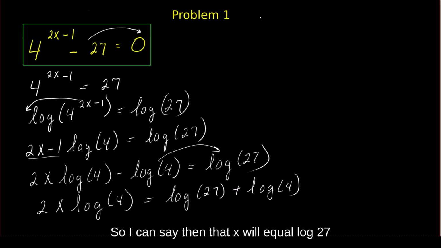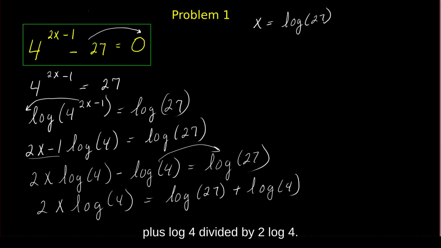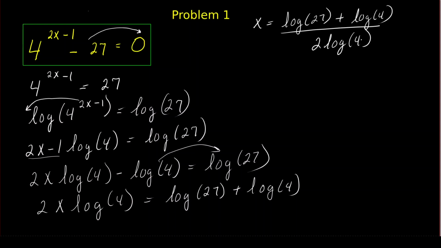So I can say then that x will equal log 27 plus log 4, divided by 2 log 4.